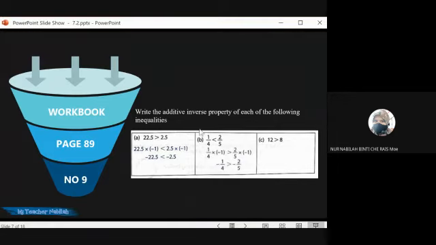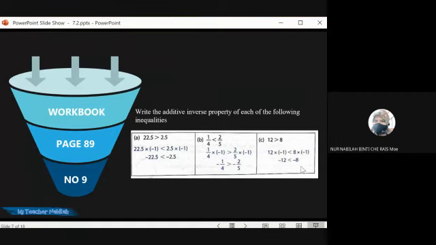Inverse, so it will become negative 1 over 4, less than will become more than, negative 2 over 5. And then C, 12 more than 8, so negative 12 is less than negative 8. This is additive inverse.